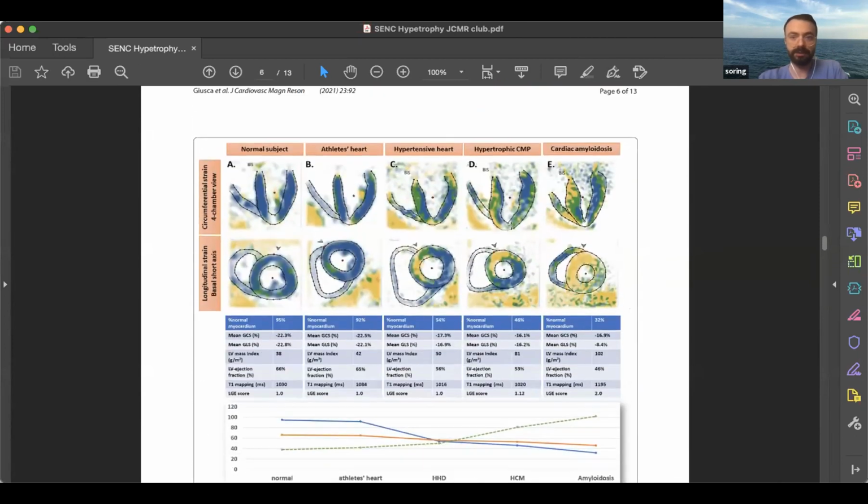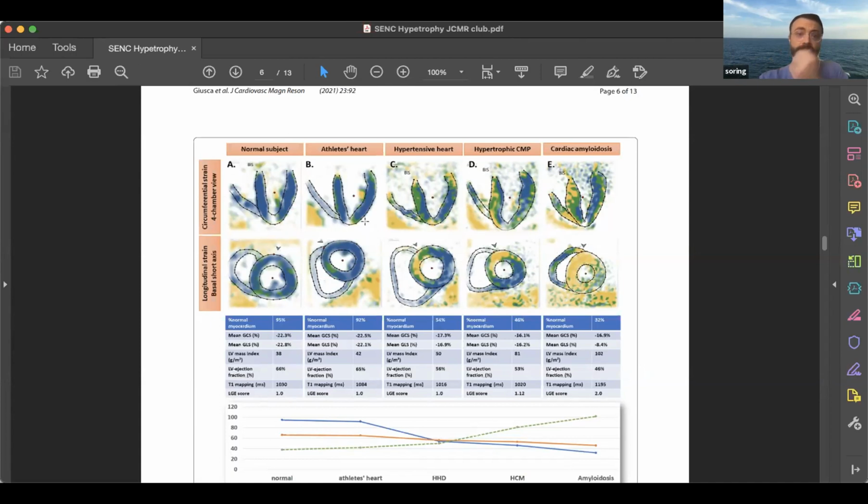Here I can show you also 5 examples with fast strain analysis between a normal subject, just the color coding, blue is good, yellow is bad. So just to have an idea of how the color coding works here. Here you have a normal subject and an athlete's heart.